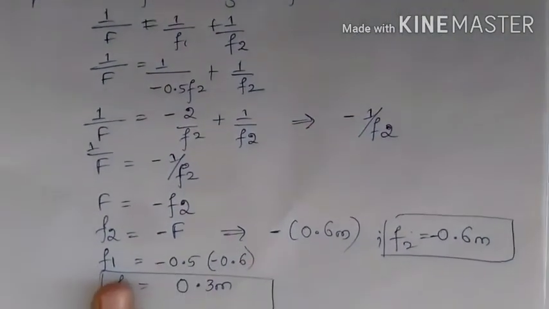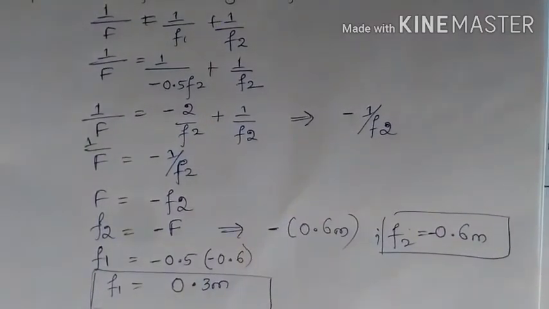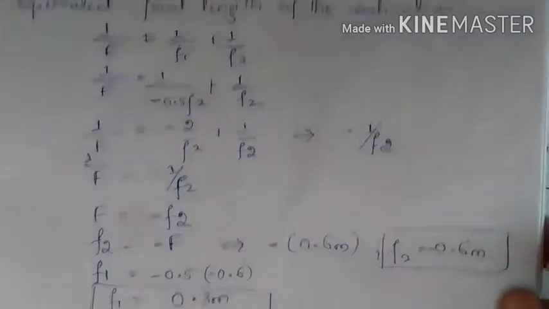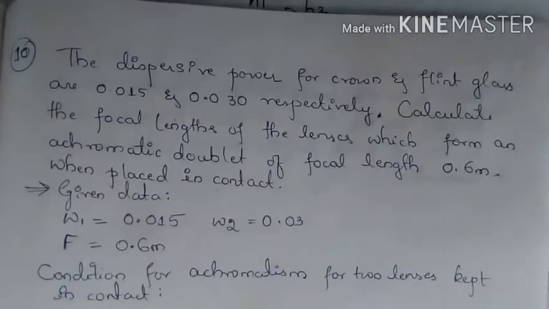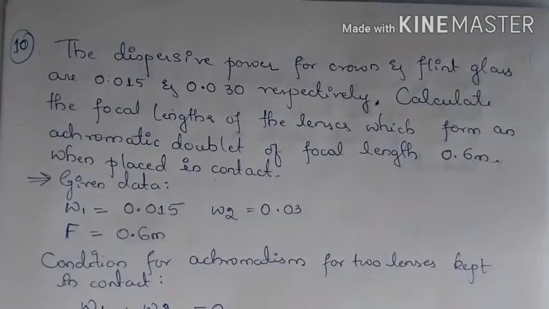So with this we got to know F2 is equal to minus 0.6 meters and F1 is 0.3 meters. So this is the solution for the 10th question.